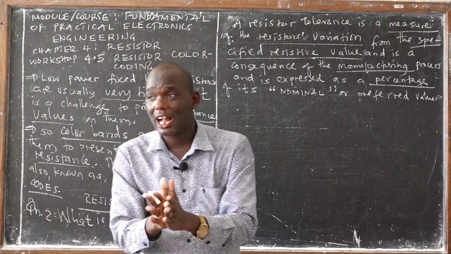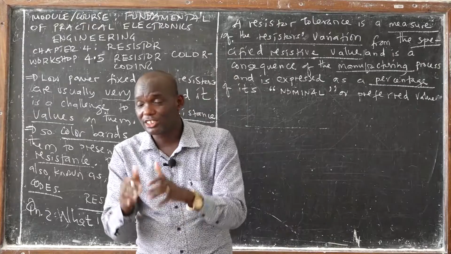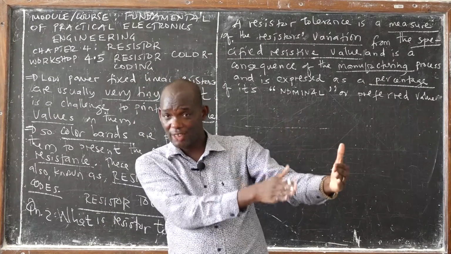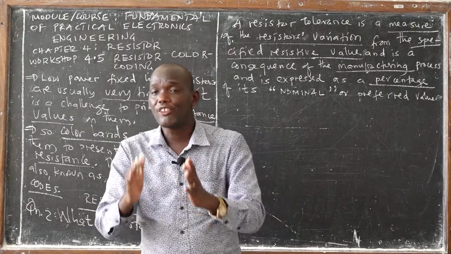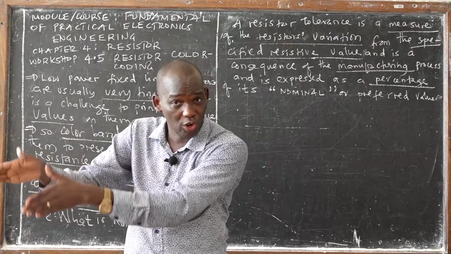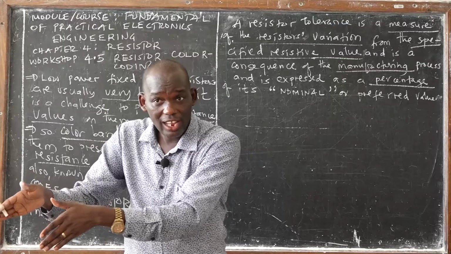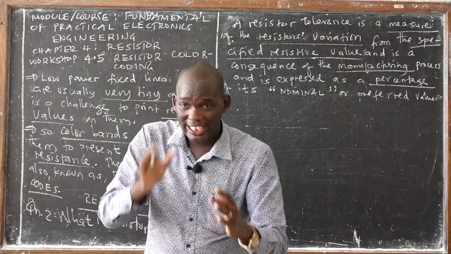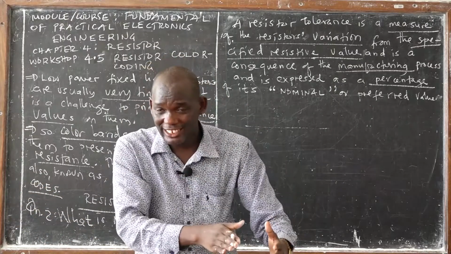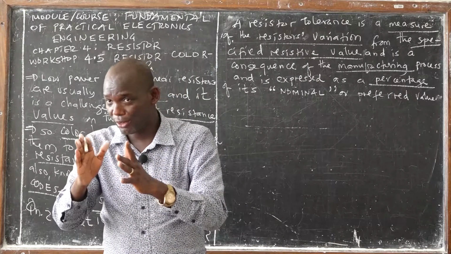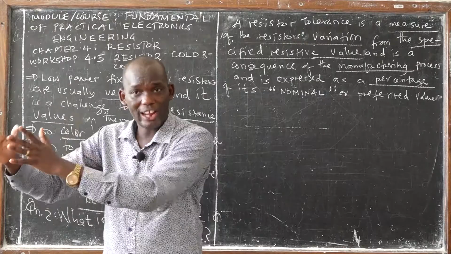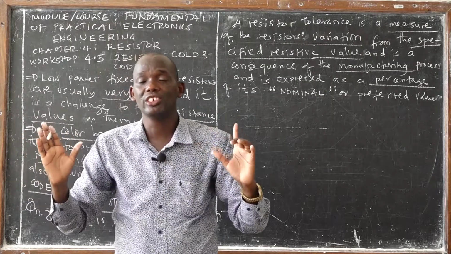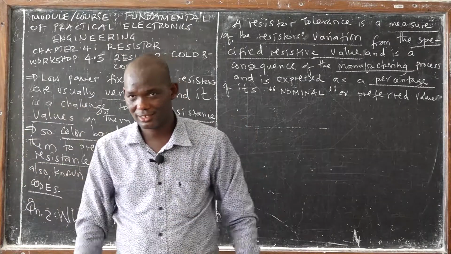But this resistor can be measured and its resistance found to be 97 ohm, or it can be measured and found to be 103 ohm. So the variation from 97 ohm to 100, and the variation from 100 to 103 ohm, is what we call resistor tolerance.